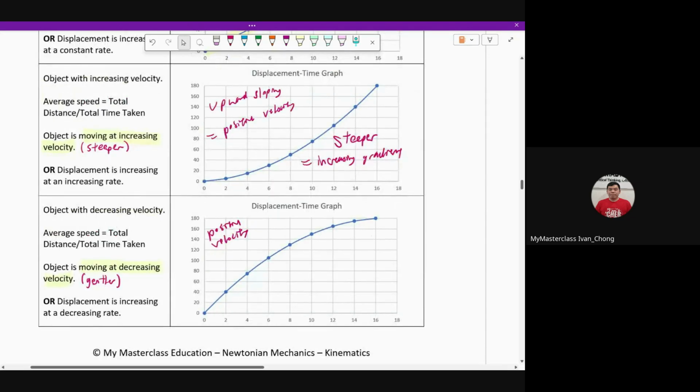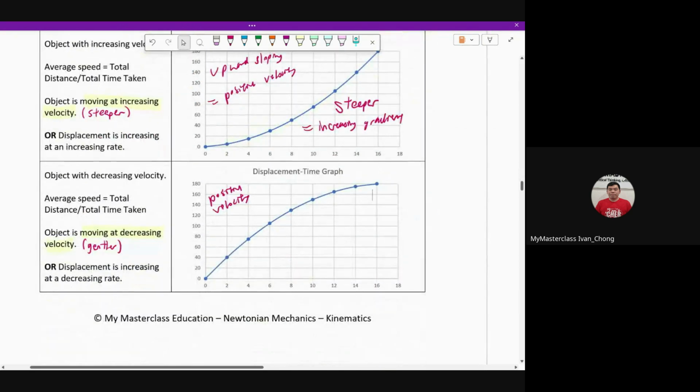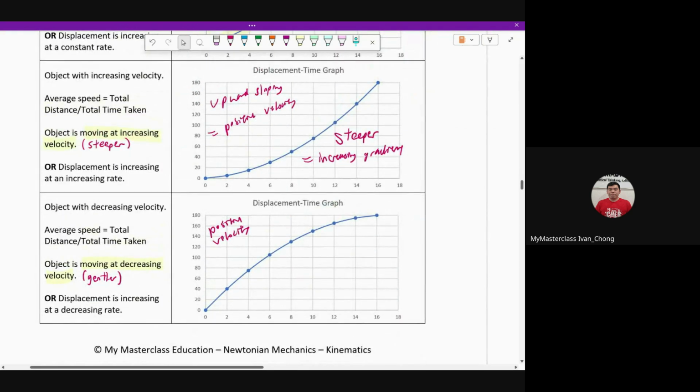Now, depending on the questions and how many marks they give you, sometimes you might need to include certain values to help you describe it better and clearer. Because remember, we always assume that your teachers have no clue what you are doing. So you need to be very clear and direct with your teacher. You should give them the values and throw it in their face.